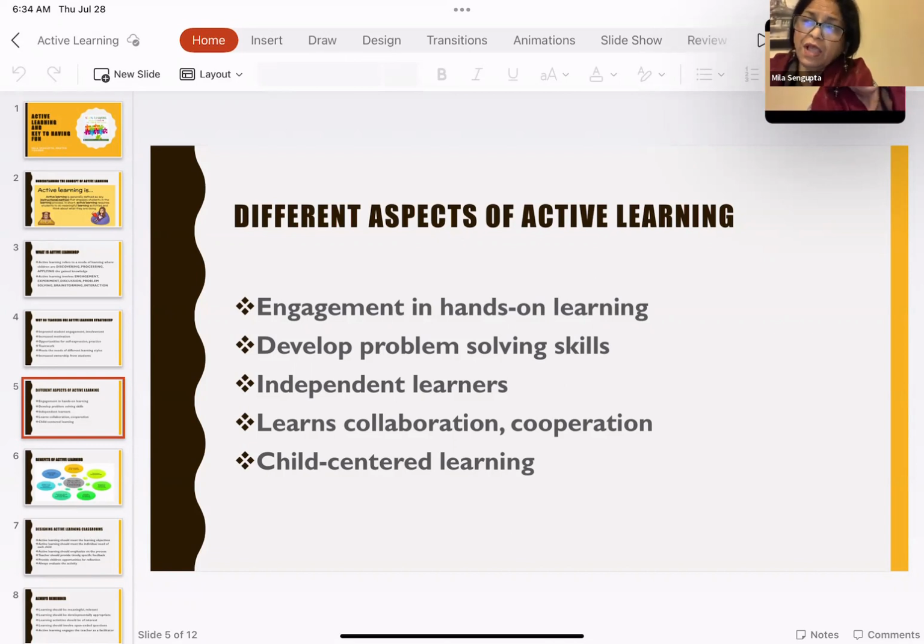And sometimes the outcome may not be successful. So we have to always keep in mind that it is the process which is more important than the outcome or the product. So it develops problem-solving skills for the children to understand and try different ways to come to the conclusion.